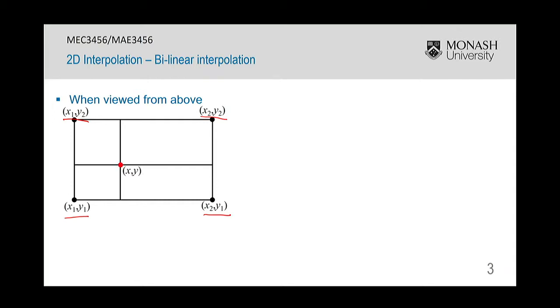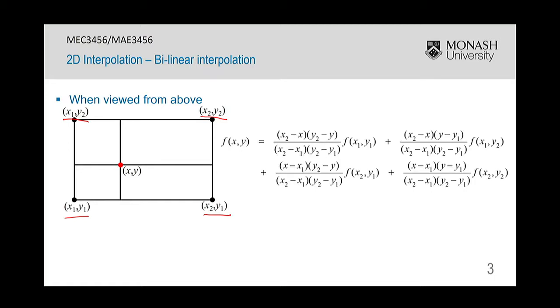And then we have some other point, x, y, that sits inside this rectangular domain, and we want to know what the value of the function is there, based on the function values at the corner points. Without going through the derivation, I'm just going to state that the function value there, according to the process of bilinear interpolation, is given by this expression here.